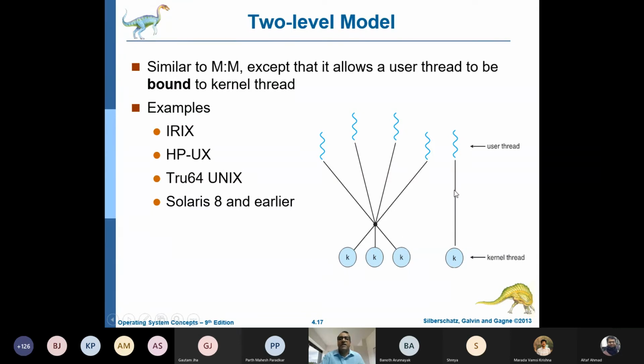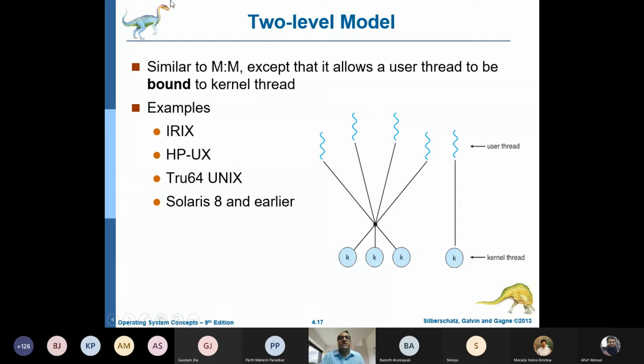But there are certain applications with specific threads that need to be attended to by the kernel, that need a lot of support and have to be executed properly with proper attention. In that case, you can identify those user level threads and bind them separately to specific kernel threads.